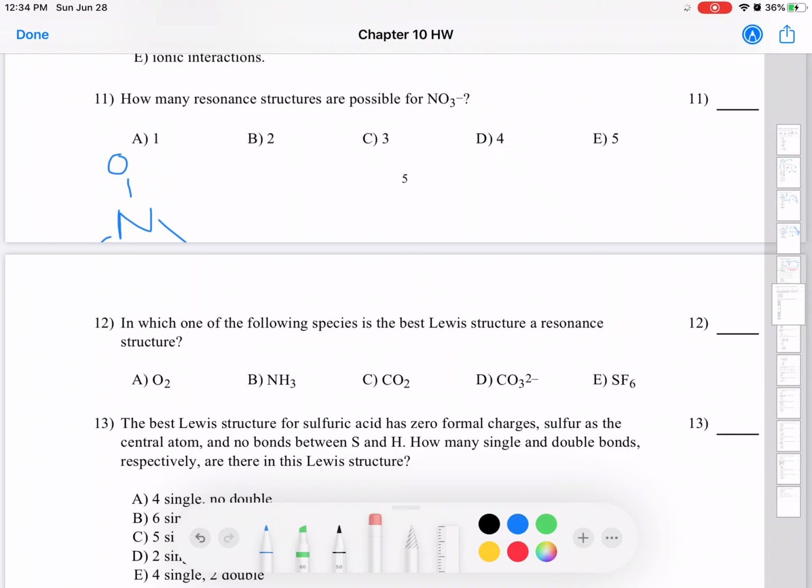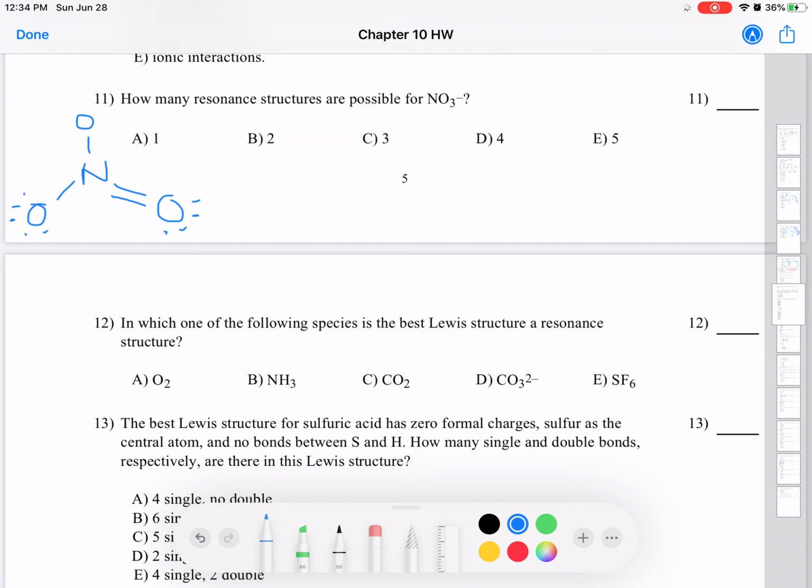Okay, let's see how to draw the Lewis structure for nitrate. Nitrogen will be like this. Nitrogen, you have one oxygen, another oxygen, another oxygen, and you will have a double bond between one of the oxygens, and then this is going to be your Lewis structure.